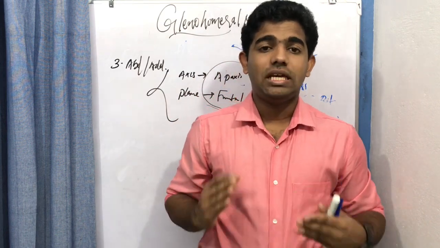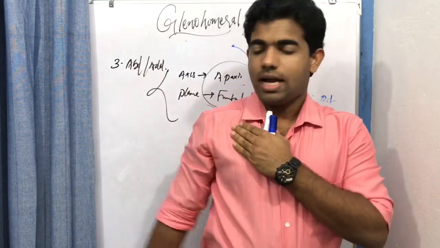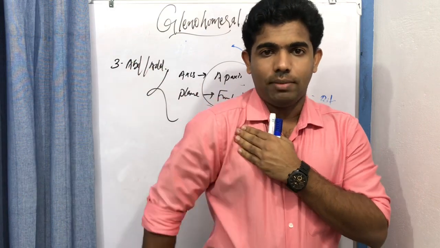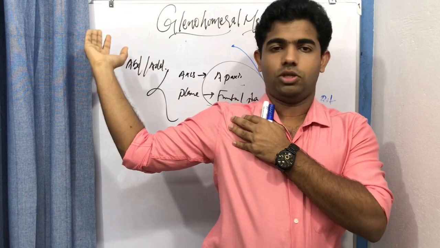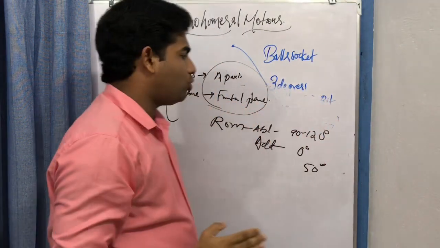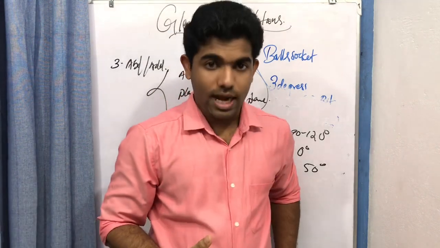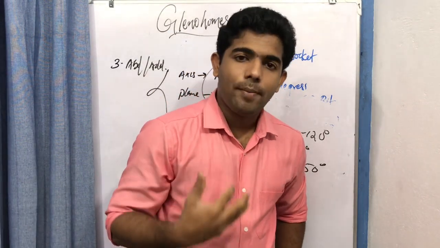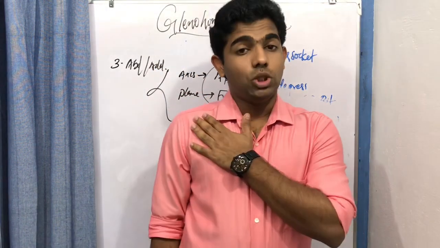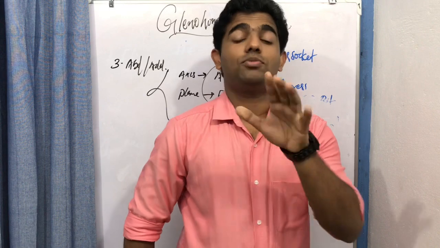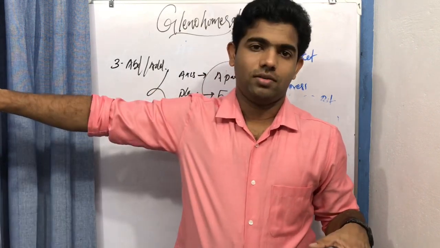So these are the important motions that you need to remember: flexion, extension, abduction, adduction, and medial rotation, lateral rotation. Similar to the peculiar condition in medial rotation and lateral rotation, the same thing happens in abduction and adduction also. When the arm is in the neutral position or medially rotated position, the range of abduction is restricted. Why?